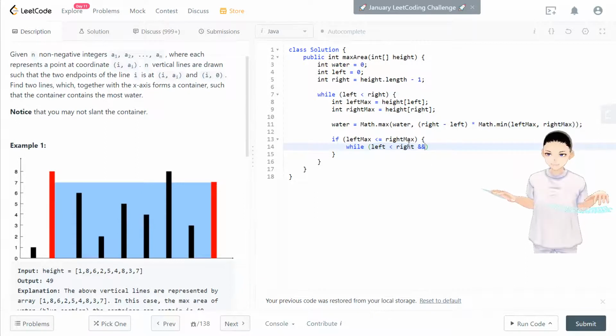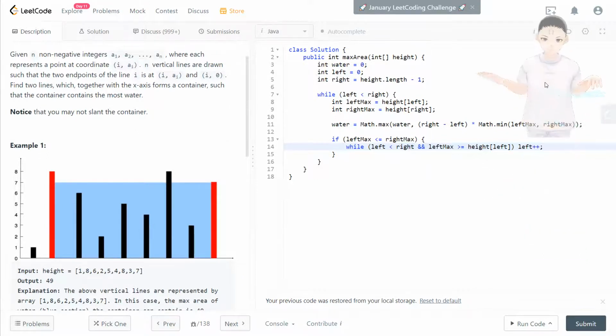So while left is less than right, and left max is bigger than or equal to height[left], then what we need to do is move the left pointer to the right side.